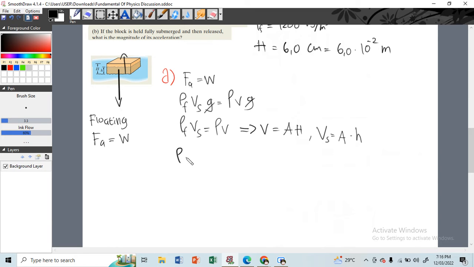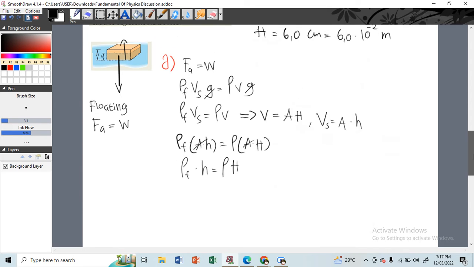So we could change it to rho f times A times h, equal to rho times A times big H. We could erase A from these equations, and then we get rho f times little h equal to rho times capital H.